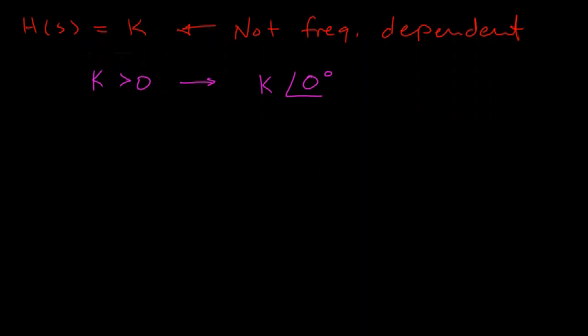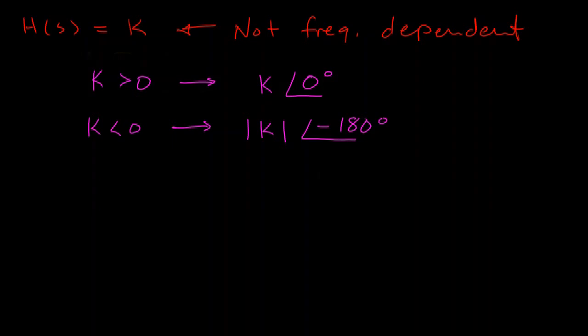If k is less than 0, then we're going to write it as the magnitude of k with an angle of minus 180 degrees. Now we could use plus 180, but most of the time when you see this in discussions, it'll be minus 180, although there's nothing wrong with using either one. Really, it's whatever might be advantageous to you.